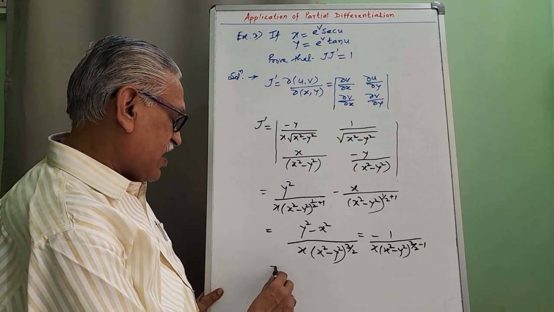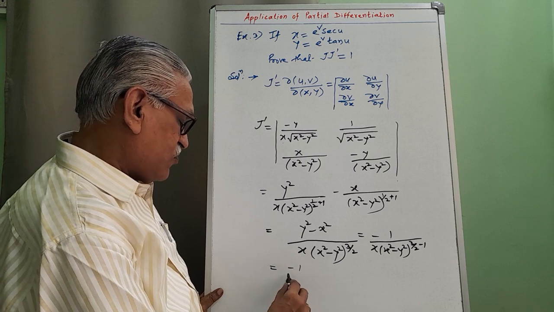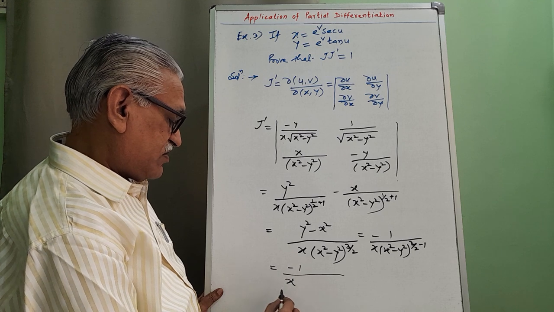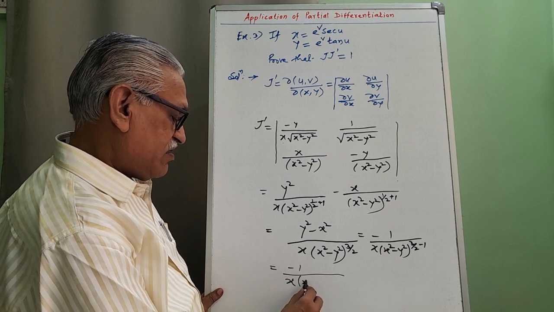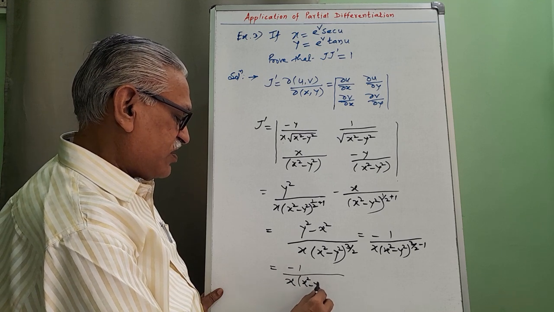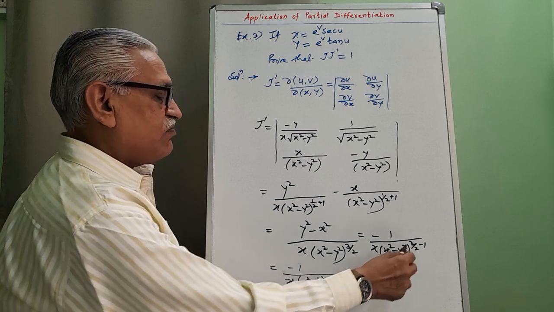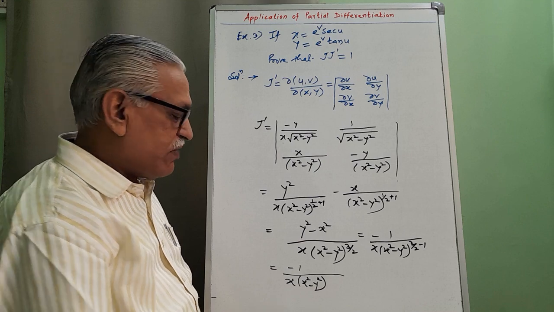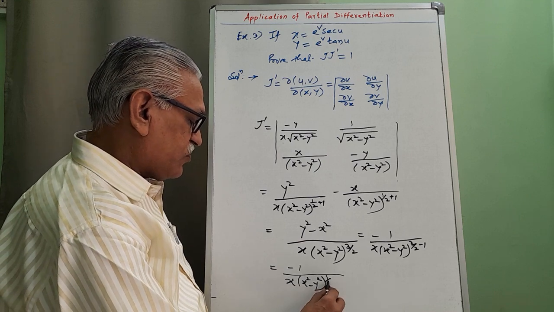We get that value as minus 1 upon x multiplied by x square minus y square, 3 by 2 minus 1, 3 minus 2, 1 by 2 means the square root.